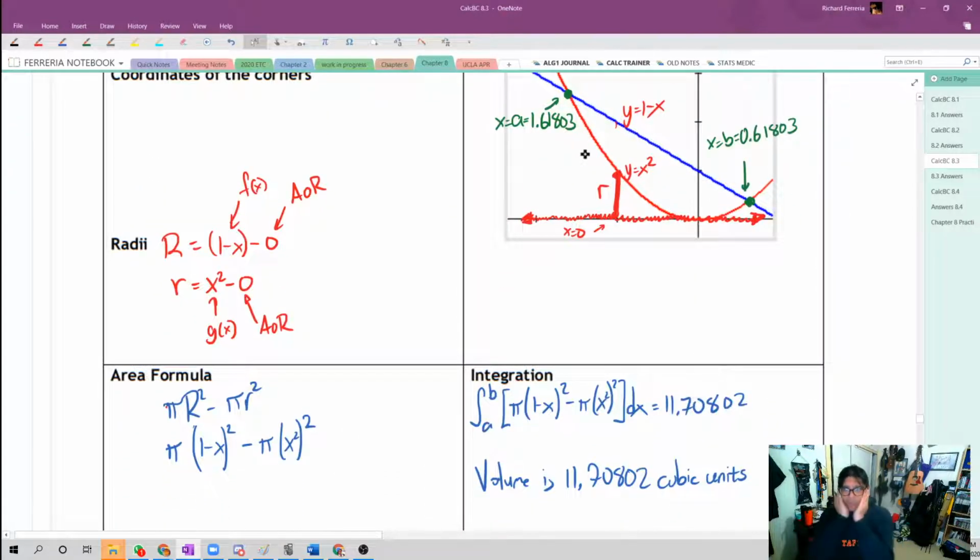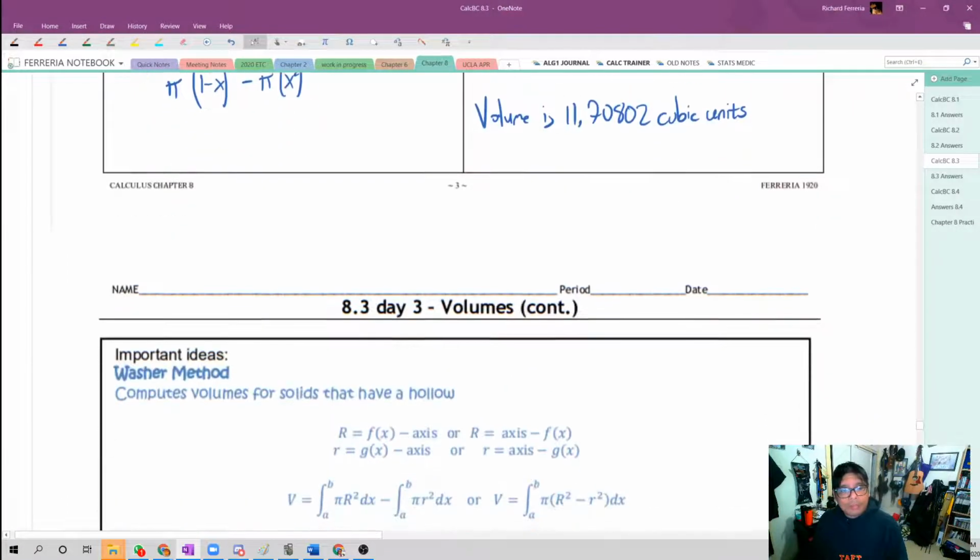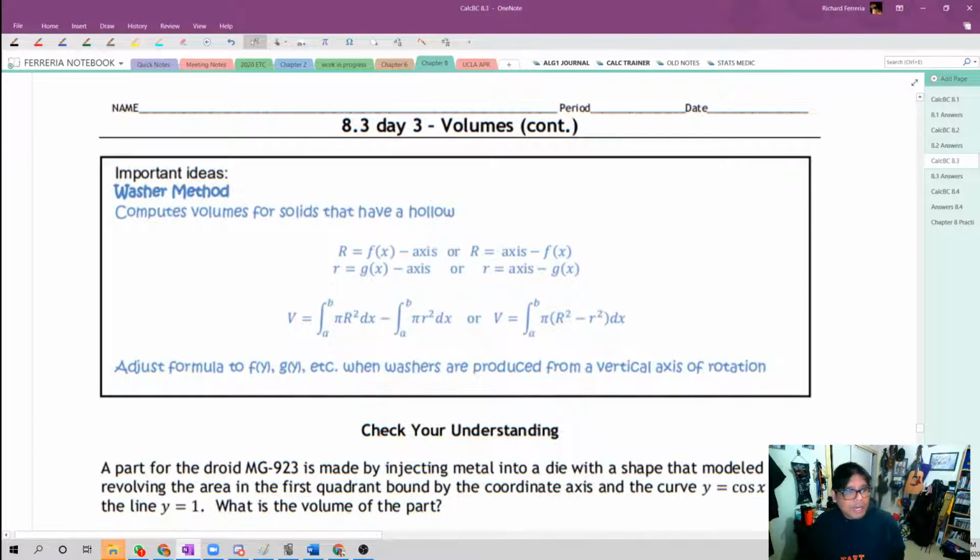So this washer method is literally doing two disk methods and subtracting them. That's all it is. Here are our important ideas. The washer method is going to compute volumes for solids that have a hollow. So same idea for the radii, only now we have a big radius and a small radius.